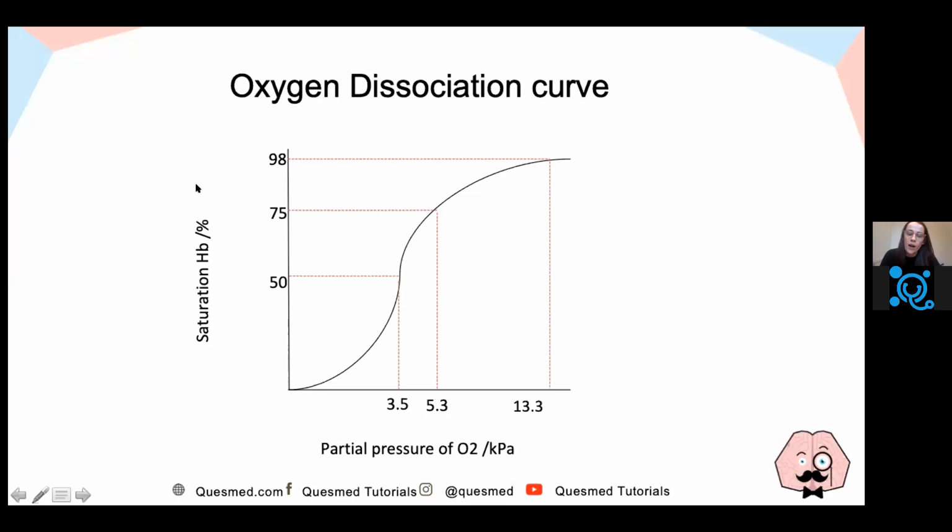The point at which hemoglobin is 50% saturated we call the P50, and that's how we compare different hemoglobins in terms of their affinity for oxygen. The P50 of adult hemoglobin is 3.5 kilopascals of oxygen, whereas fetal hemoglobin would be towards the left, somewhere around 2.5.